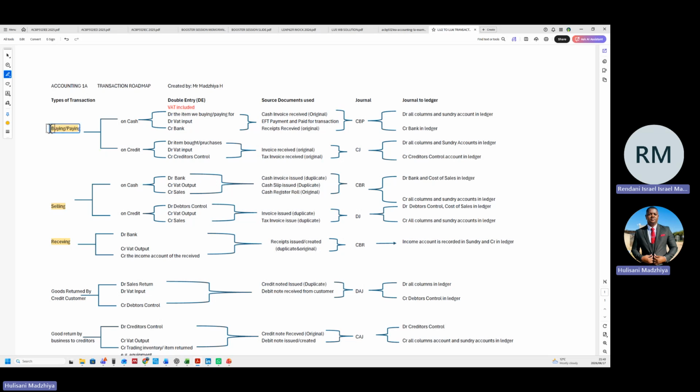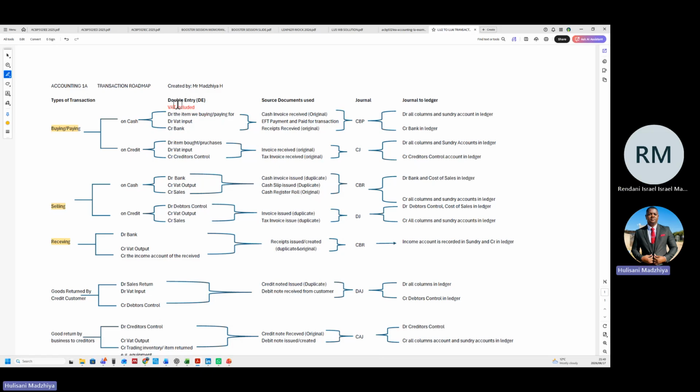Buying is either through cash or on credit, and you are paying either using cash or using credit. If you are buying or paying using cash, the accounts that are affected are the item that you are buying as well as the bank, since it's cash.